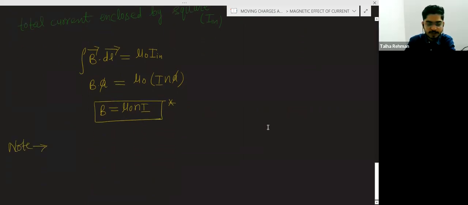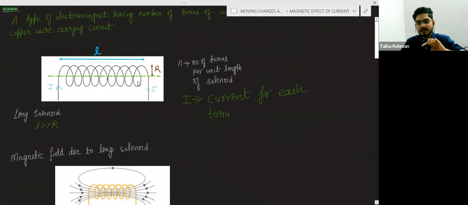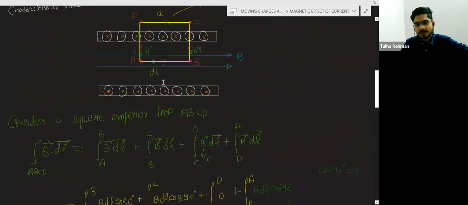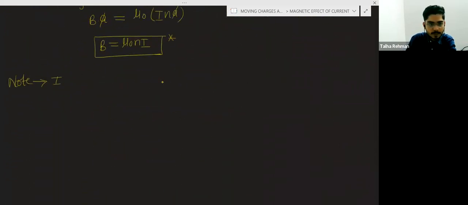So there are some more points. Suppose in this solenoid, I have placed some material, meaning a core of some material. So in that case, what will be the magnetic field?